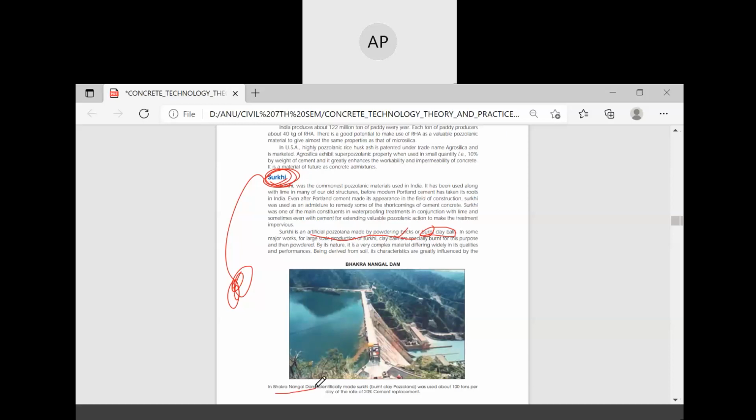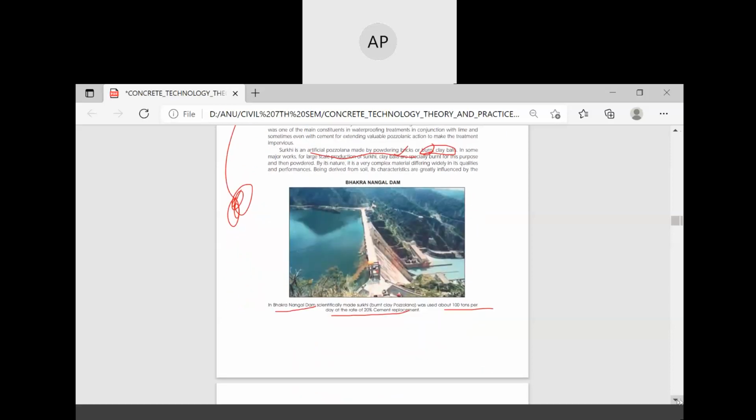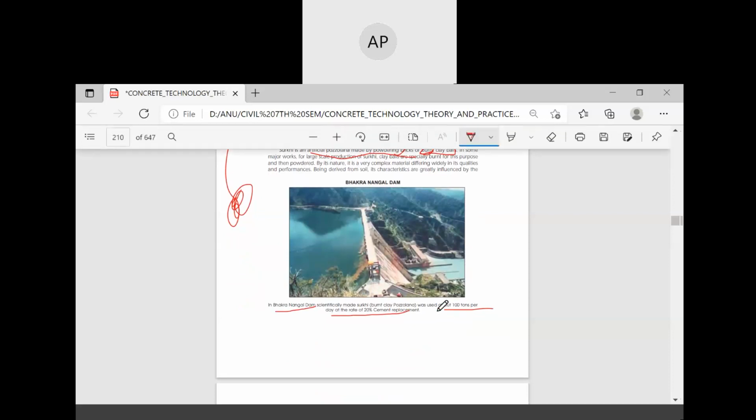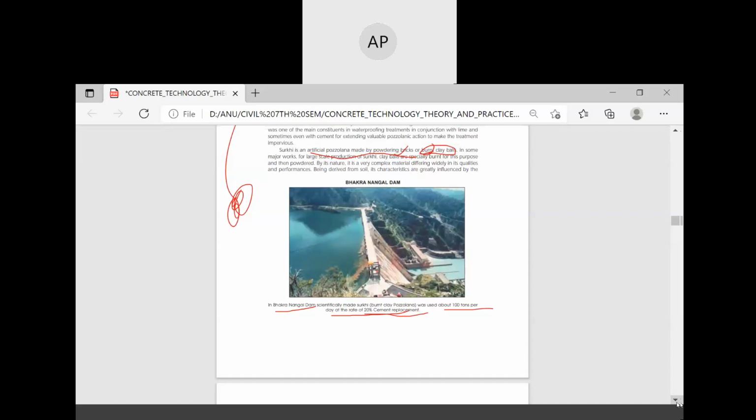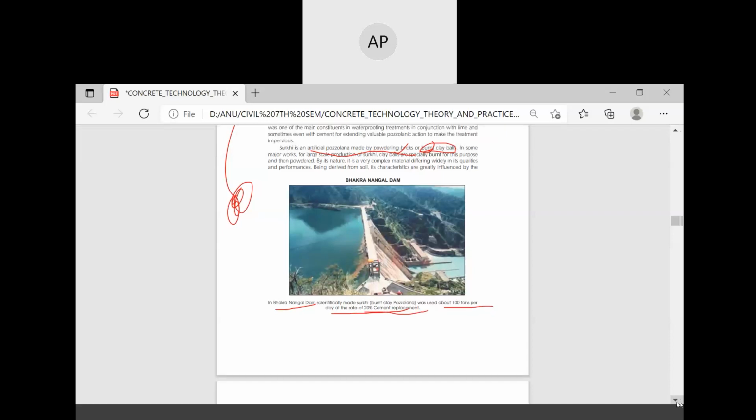Bhakra Nangal Dam is situated in Himachal Pradesh. Scientifically made surki was used. Remember, this is an example of using surki in India in the construction of Bhakra Nangal Dam. Here they used 100 tons per day at the rate of 20% cement replacement. They used surki, that means burnt clay powder, as pozzolanic material.